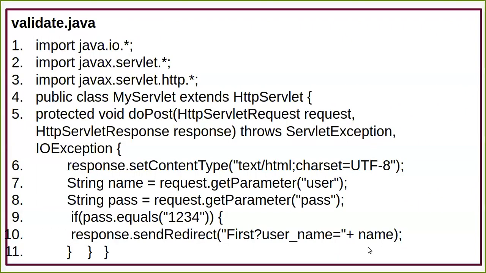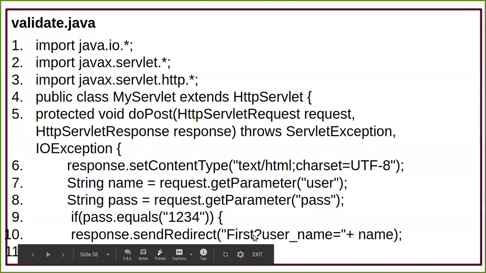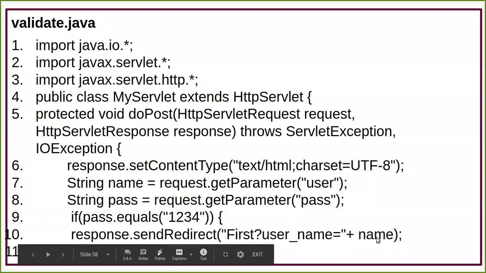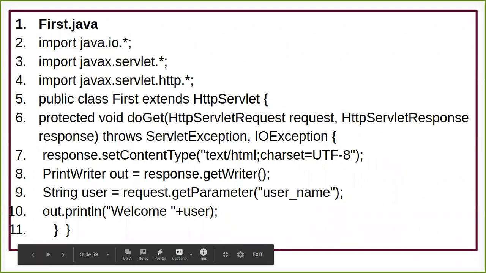I'm just going to write the first URL name, and separating by the question mark, then you have a username and the value. So what is the username I am going to have over here? Username is equal to name, and that name will be abc. Okay, so this is how you're going to get redirected to your next page, that is first.java.